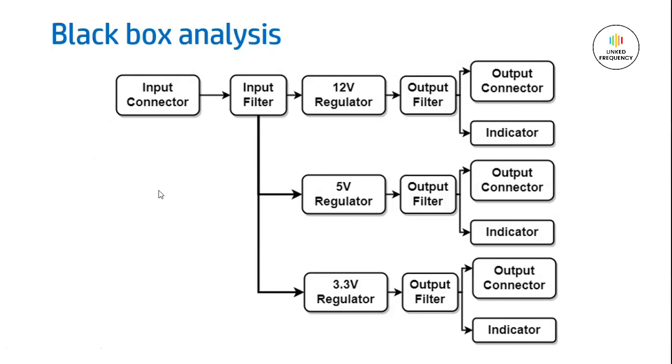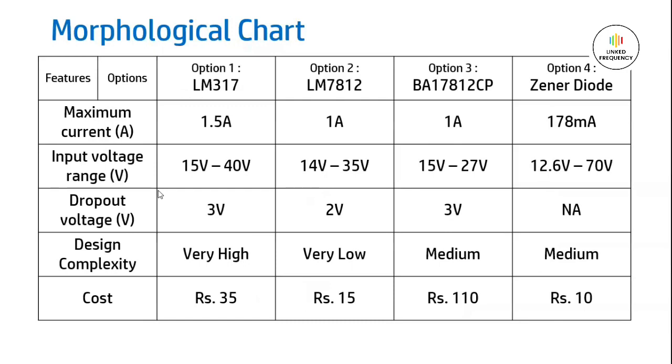I'm not going to dive deep into the details of datasheet analysis or anything that is already discussed in our previous tutorial. So let's jump into the morphological chart for the first component, that is all about 12 volt regulator. I have considered the same features to be compared in our morphological chart and with almost the same options that we discussed in our previous tutorial.